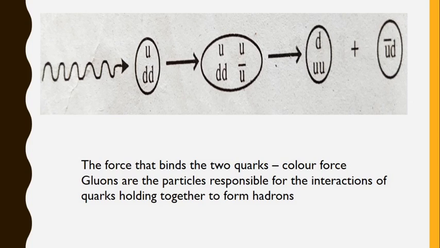Now all these quarks rearrange themselves. So what happens? Now UDD becomes UUD and the remaining quark is U bar D. You know that UUD is a proton and U bar D is a quark and an antiquark pair. That means it's a meson, that is a pi minus meson.